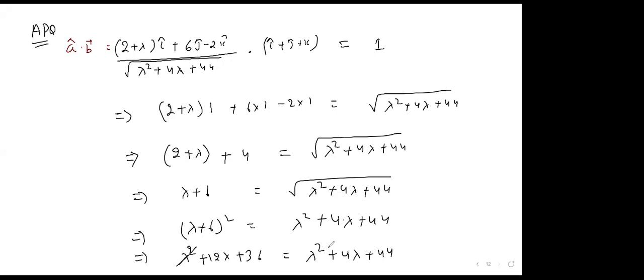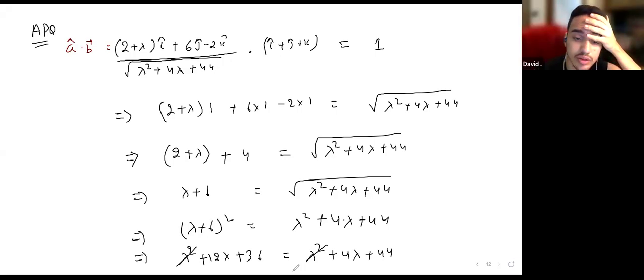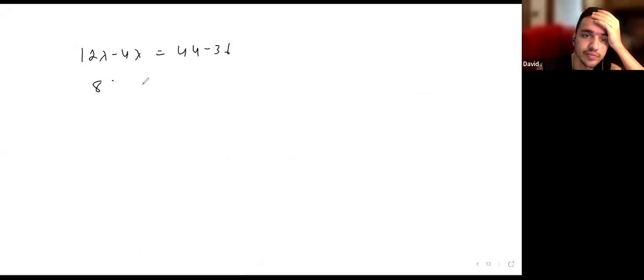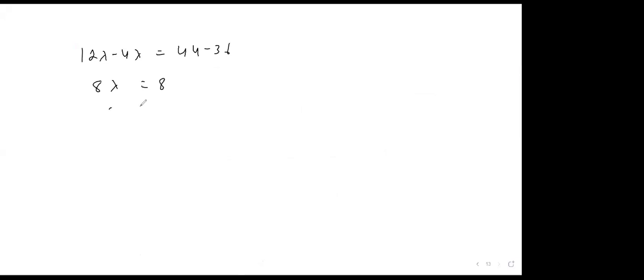So lambda square will be cancelled out, and we have 12 lambda minus 4 lambda equals 44 minus 36. So 8 lambda equals 8, so lambda equals 1. This is the answer.